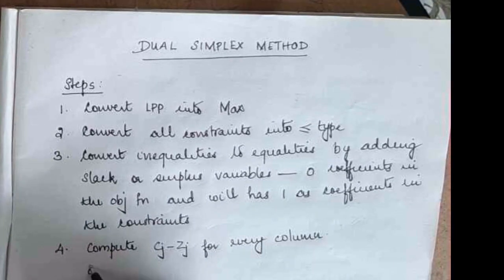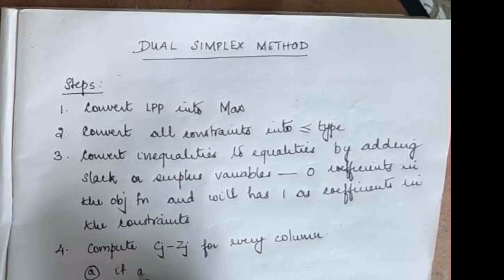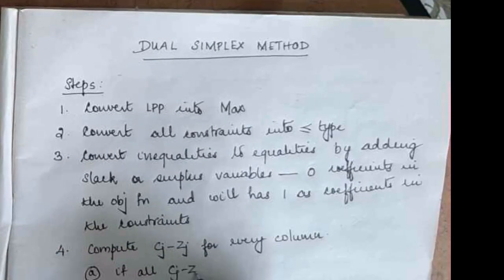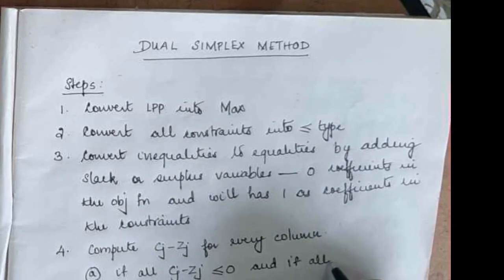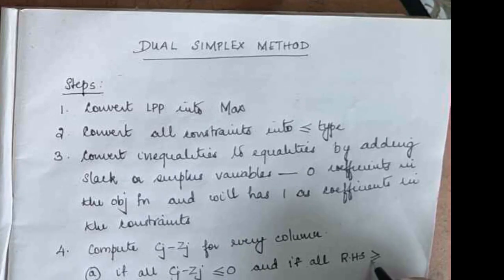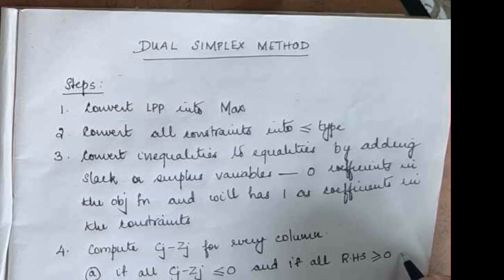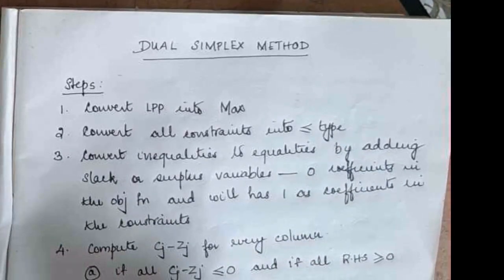First one, if all Cj minus Zj are less than 0 and if all ratio or RHS are greater than or equal to 0, we have reached the optimal solution. Optimum solution has been reached.